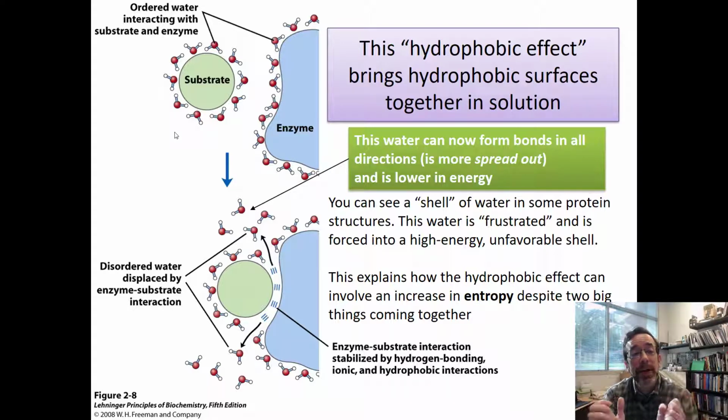The water is actually more ordered next to an oily surface, but this is actually bad for its entropy. When it's released, it becomes less ordered, and that actually helps drive things because things become less ordered over time. That's what entropy says.